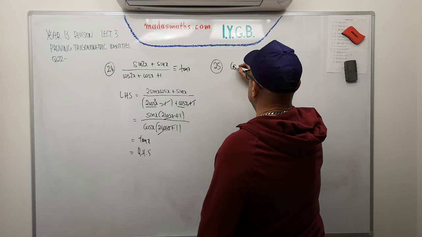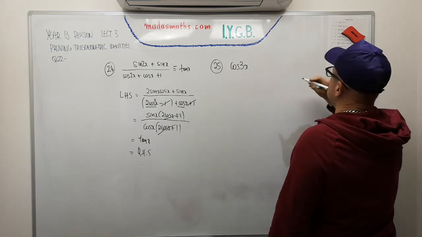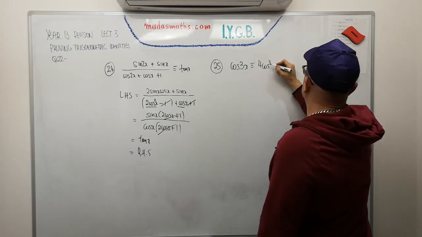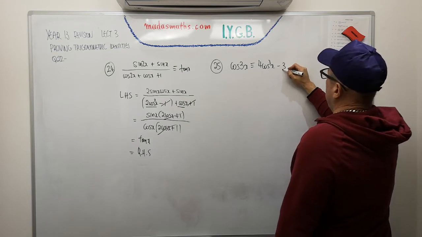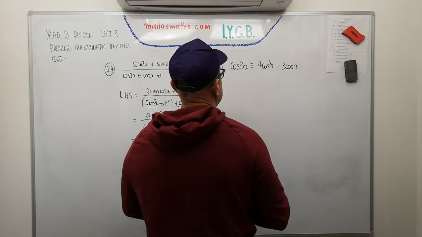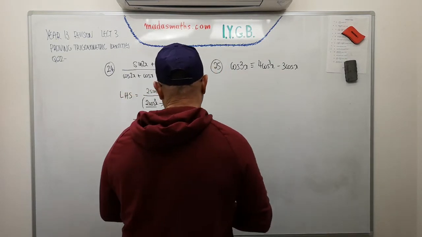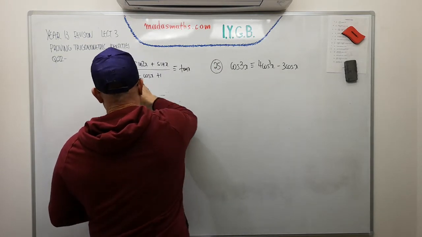Number 25 is actually a very bizarre identity, but it's actually very standard, and you ought to know how to prove it. I use it often in my work, and in exams it makes its appearances every now and again, and you need to learn how to do this particular identity because it's not obvious where to start.